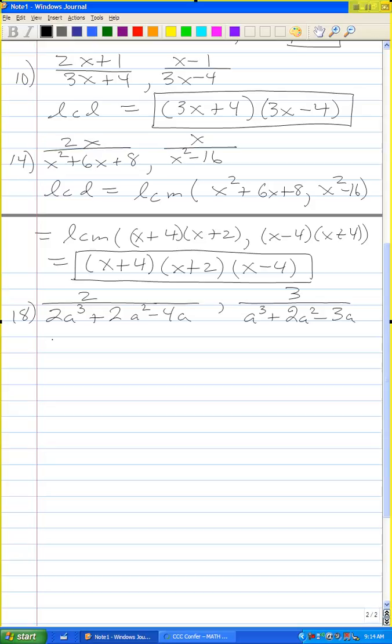So first, let me factor 2a cubed plus 2a squared minus 4a. Well, there is a 2a in common. And so factoring out 2a, I get a squared plus a minus 2.